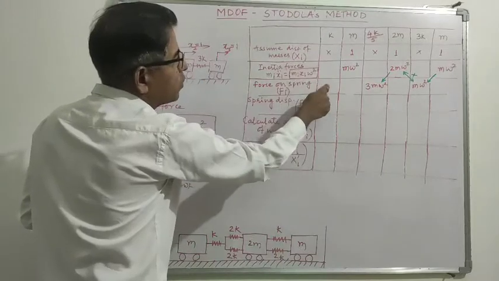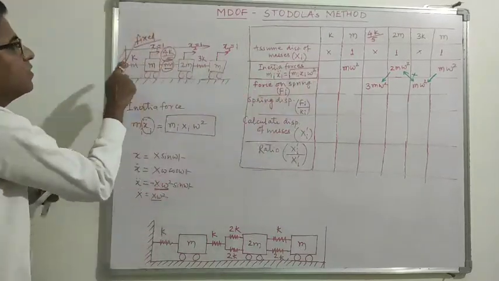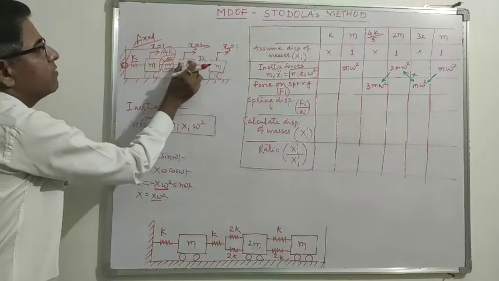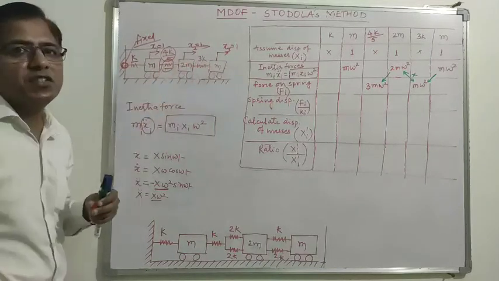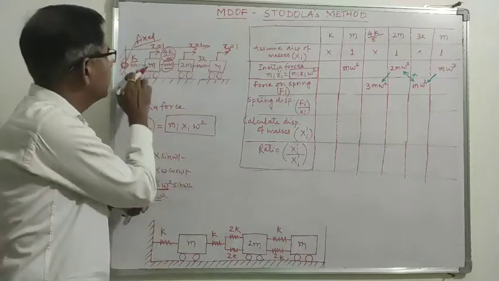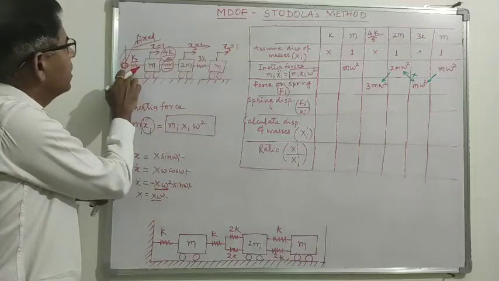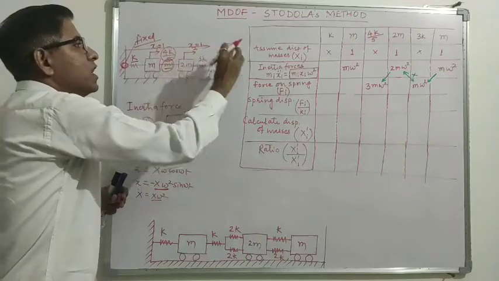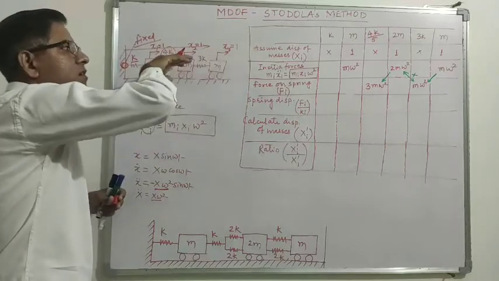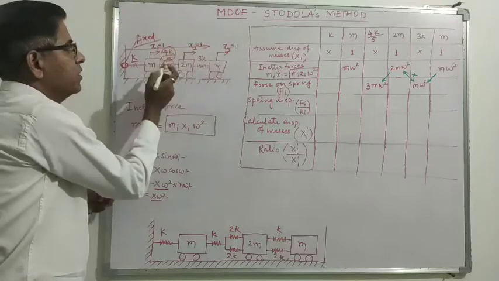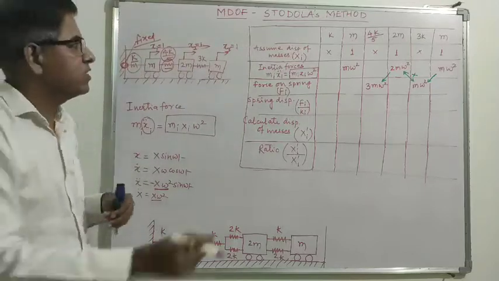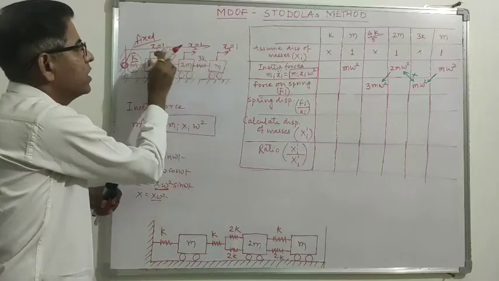Now, what is the force acting at the first spring? Obviously, at the first spring it will be the sum of the three inertia forces, because this one is at the fixed end. So all the inertia forces which are displacing in this direction will be acting on this spring. So it will be the sum of the inertia force, this one and this one.